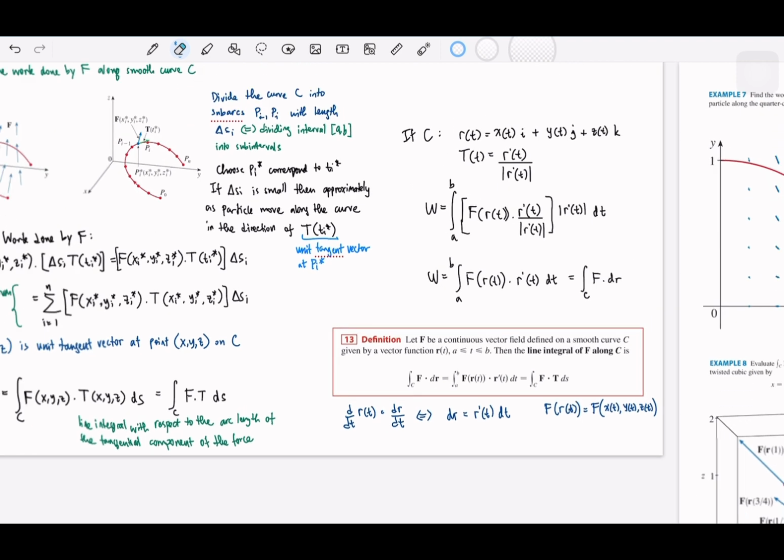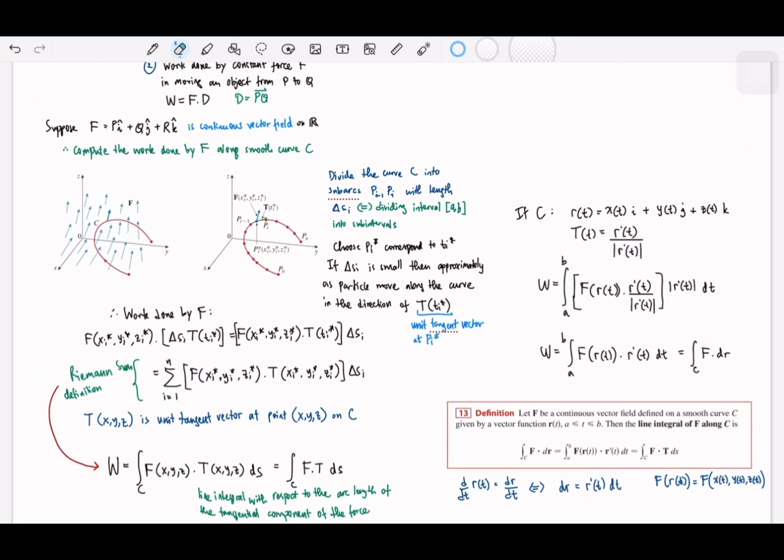Let me give you a couple of examples after this page. But basically this is the idea. Actually, you can start from here by definition, and then we can also write this in terms of r.